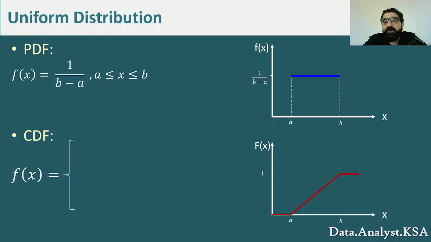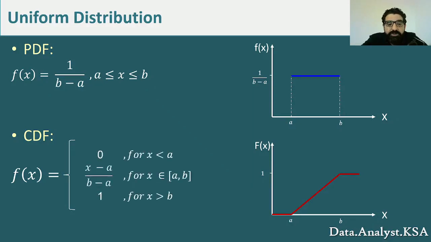So what is the probability of x being less than b plus 1, for example? It's 100%, because all my population is between the minimum and the maximum. So if I go any point above the maximum, it's always going to be 1. And if I go less than the minimum, it's always going to be 0. And between those numbers, it will increase linearly. So this is how the cumulative distribution function for the uniform distribution looks like.